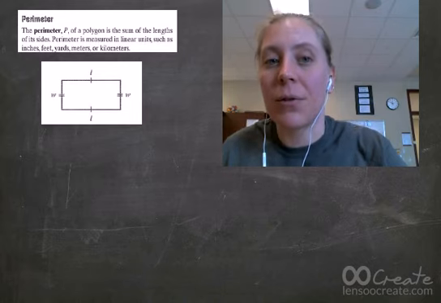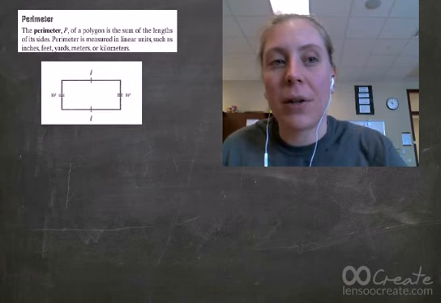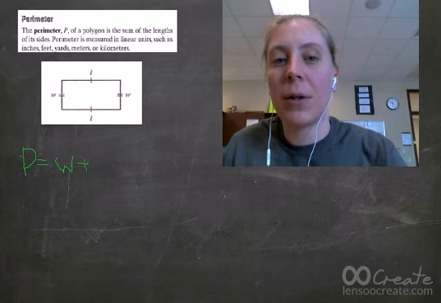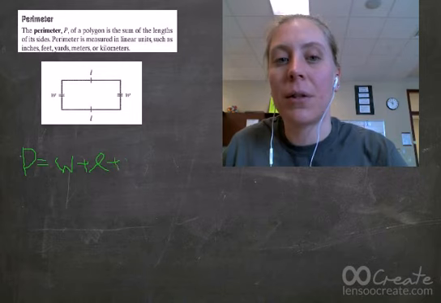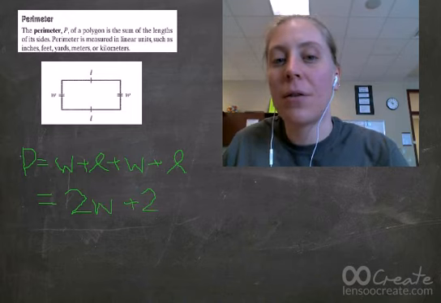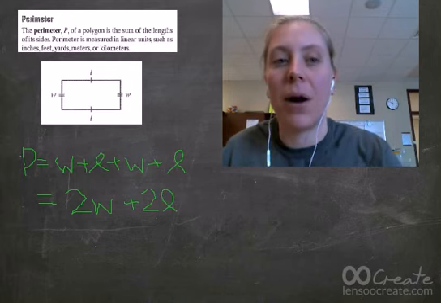Since we have 2 congruent sides and then another pair of congruent sides, when we write the formula, we have our perimeter is equal to W plus L plus W plus L. So our lengths and widths added together. Now we can simplify this formula since our widths are the same: 2W plus 2L. You can always find the perimeter of any polygon just by adding up all of the sides.